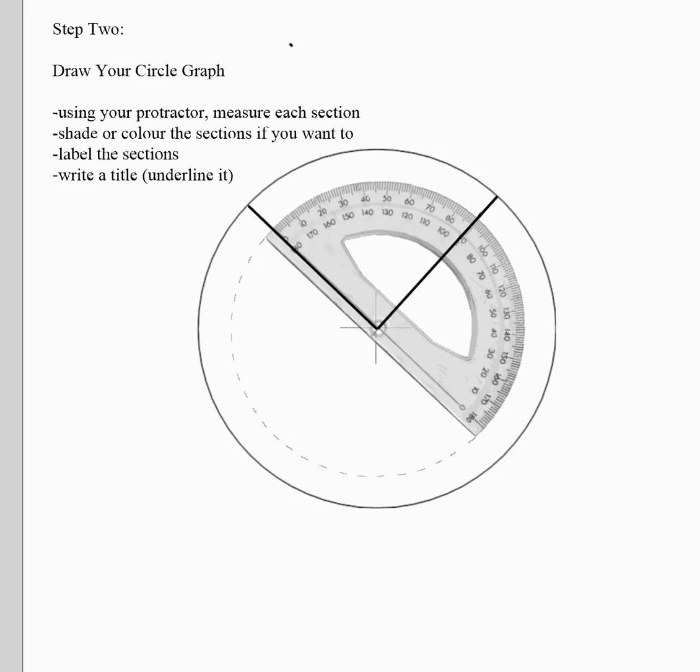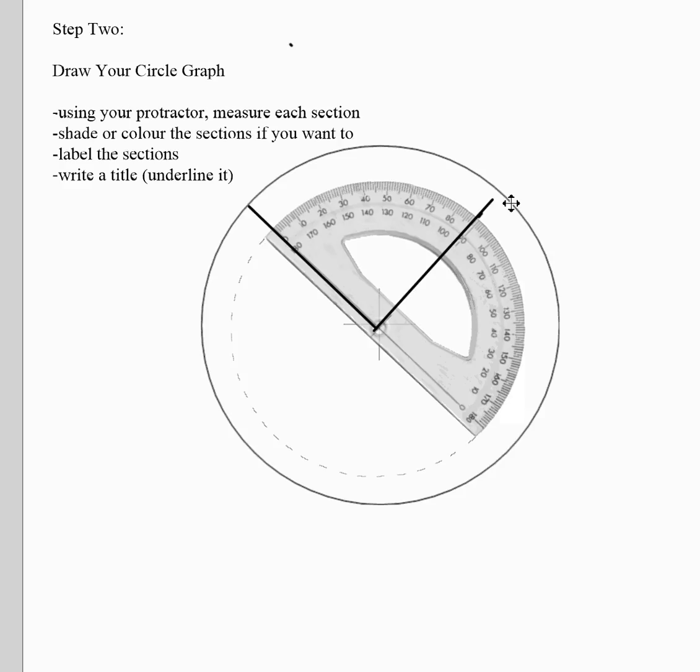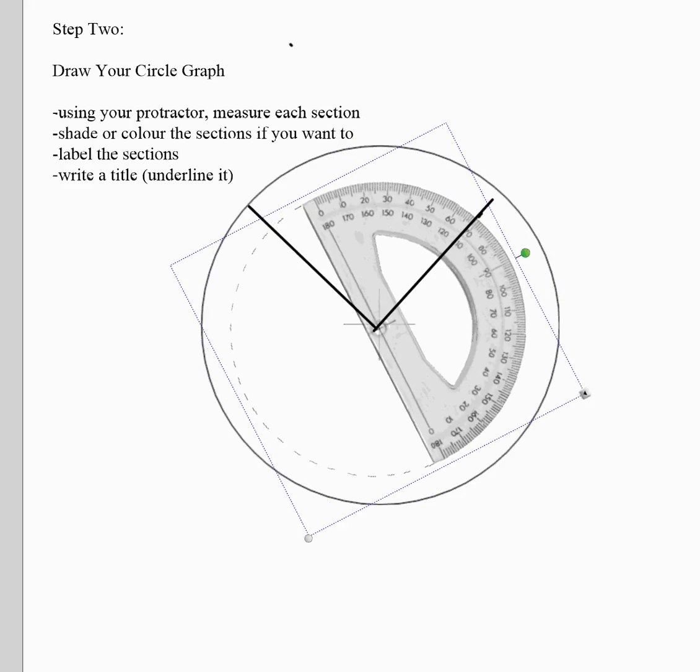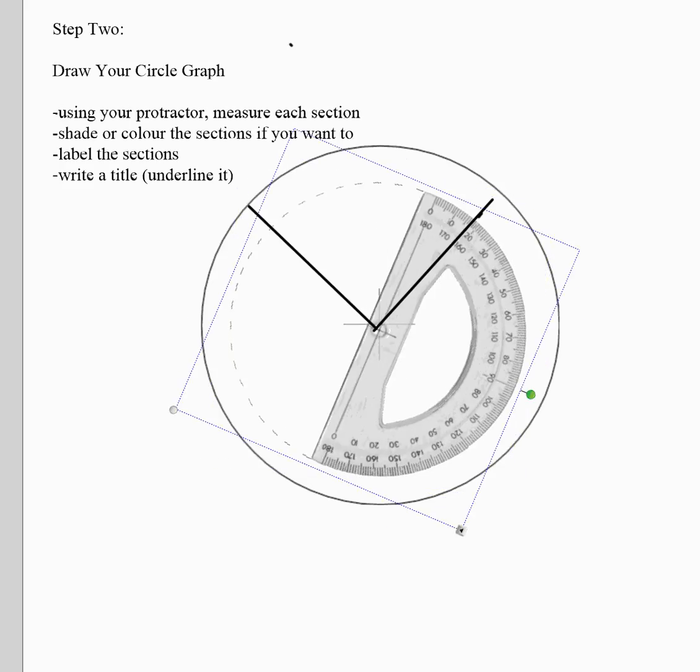Now my next section is Nike, which is 115 degrees. So the first thing I have to do is rotate my protractor, don't want to move the line, and now line it up with my new line.